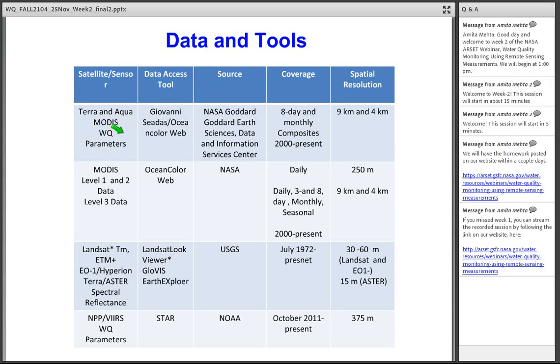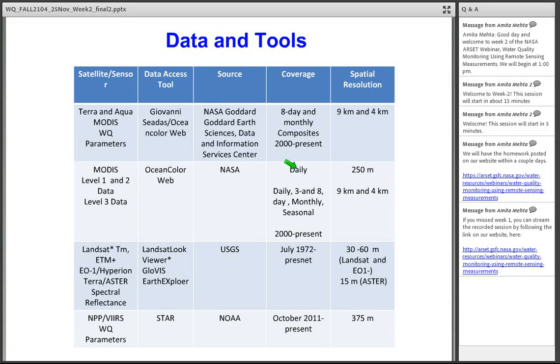The water quality parameters are available here, and they are gridded data. They are level 3 data at 9 kilometer and 4 kilometer, at 8-day and monthly composites, and multi-year coverage is available. MODIS level 1 and 2 data and also level 3 data are available from Ocean Color Web as well. We will look at these two tools.